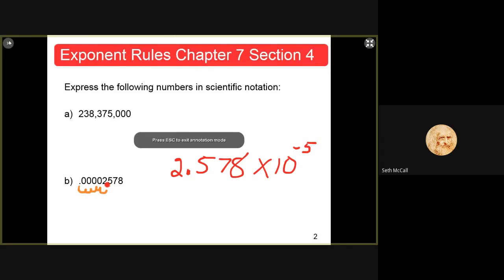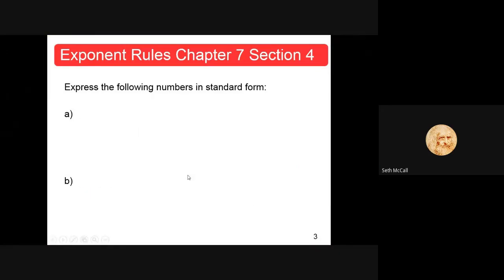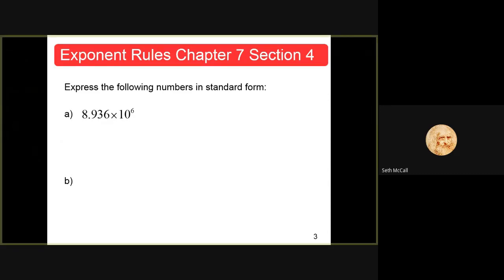Okay, so the other type of practice problems on your Chapter 7 review are problems where you already have the number in scientific notation and you need to write it in standard form. Looking at the first one, we have 8.936 times 10 to the 6th. I'm going to write it out, 8.936. Now this 6 tells us we need to move the decimal point 6 places to the right because it's a positive 6.